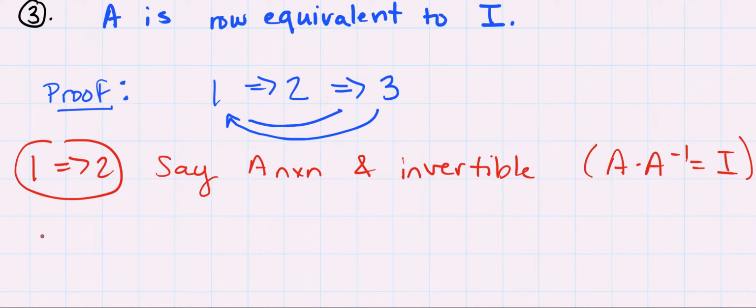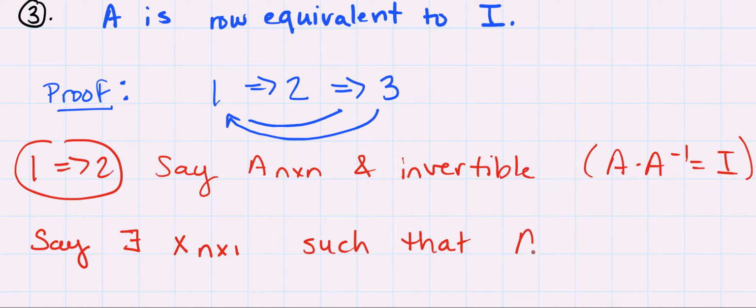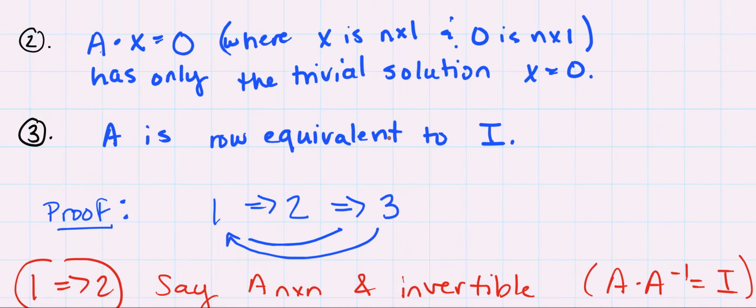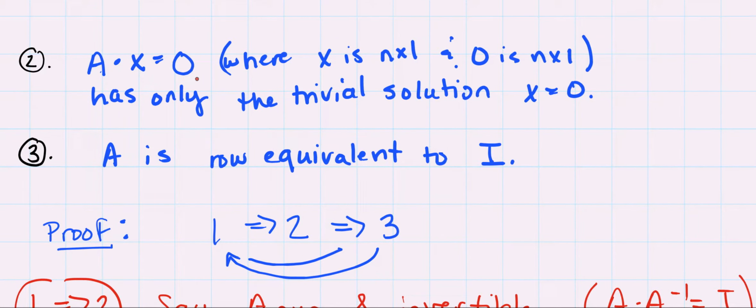Now we're going to say there exists an x that's n by 1 such that A times x is the 0 n by 1 matrix, right? If we have A times x is equal to 0, what I want to show is that the only x that works for this is x is equal to 0.